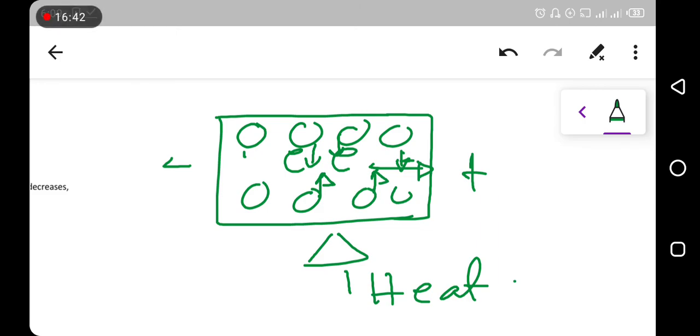Tukiongeza joto, hizi atoms zitakuwa zina collide na hizi electron, na badala ya kwenda mbele zitakuwa zinaenda chini na juu, chini na juu, mfumo wa crystal lattice kama hivyo. Kwa hiyo hizi electrons zisiwe na mobility kubwa, na kama mobility haitakuwa kubwa basi umeme hautazalishwa effectively katika metals.